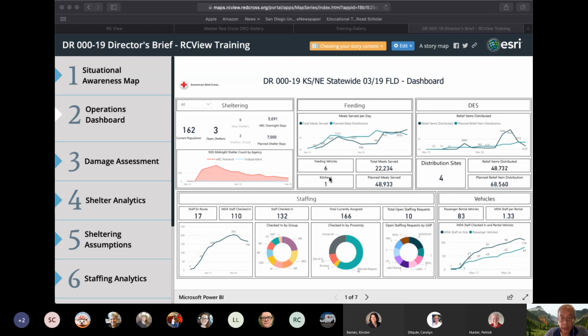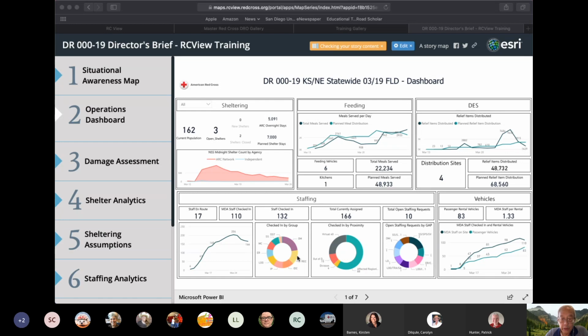So the staffing information that's down below comes from DOORS, volunteer connections. As folks are assigned to the DR, or as they leave the DR or are in transit, information is uploaded again to Power BI on a daily basis, and this information is then presented. You can see the number en route, the number checked in.